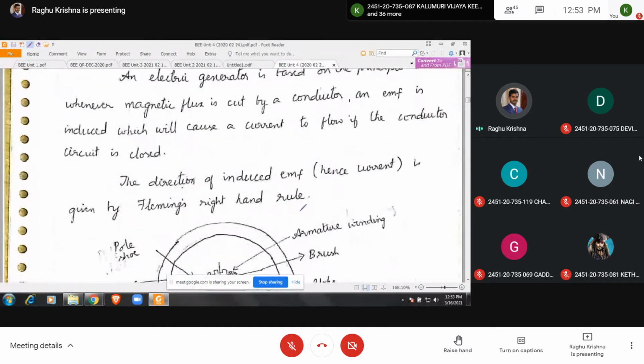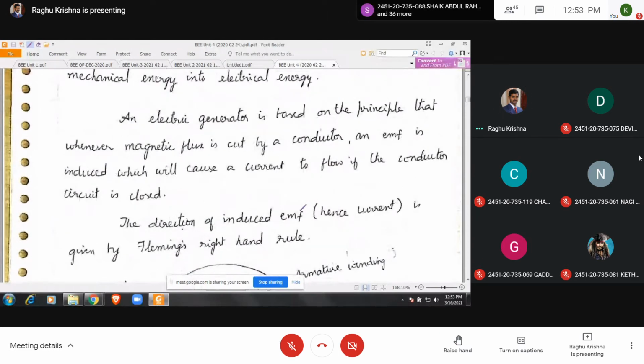Here you can see this is a generator. Whenever magnetic flux is cut by a conductor, an EMF is induced. This is dynamically induced EMF.